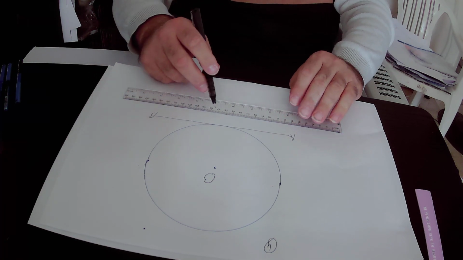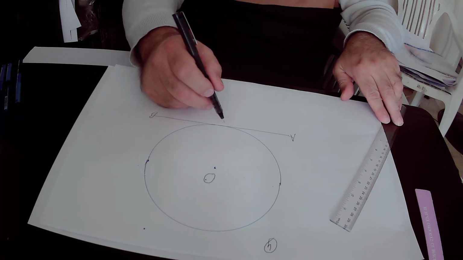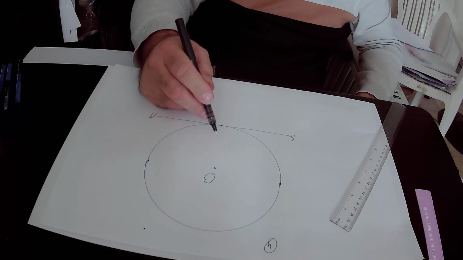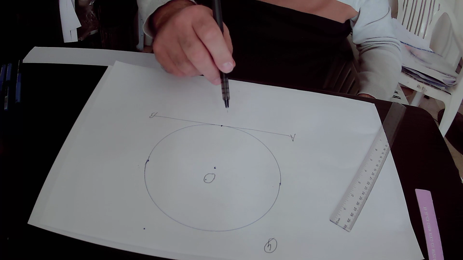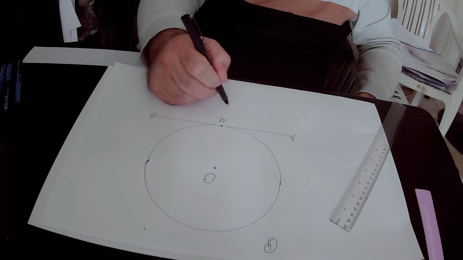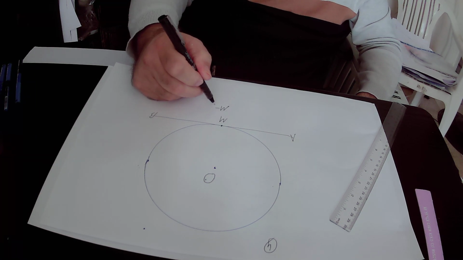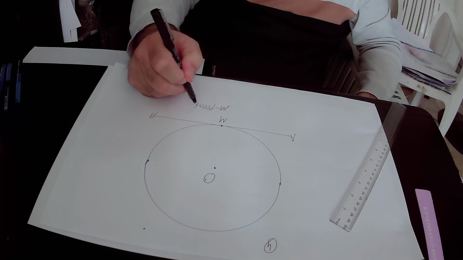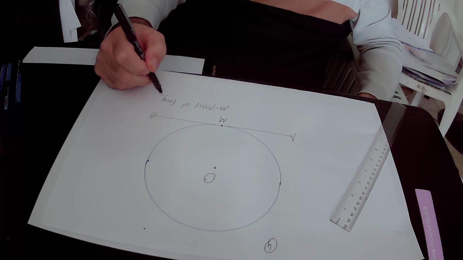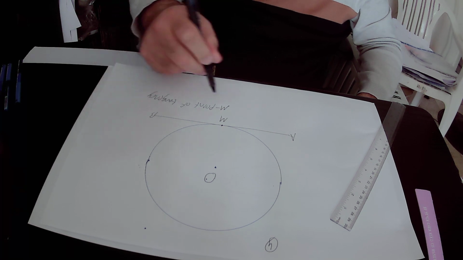This tangent is tangent to this blue circle at this point. We will define the touching point between tangent AB and the blue circle as point M. Point M is also defined as the point of tangency of tangent AB with this blue circle.